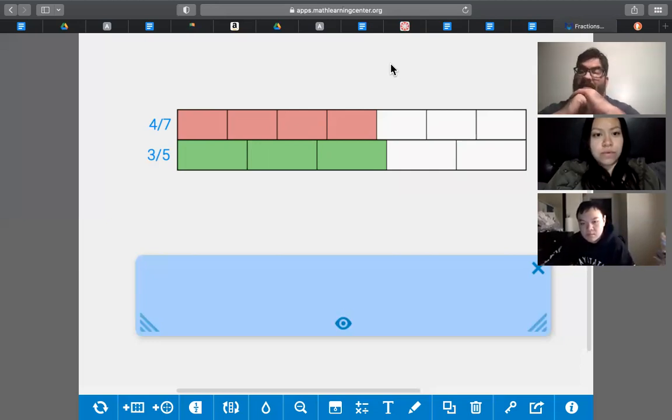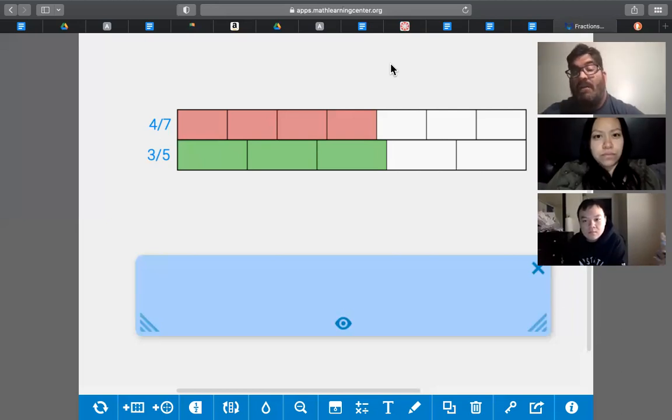Denominator. Excellent. So if we want the parts of the whole to be equal, what do we want to be equal then? The denominator. Absolutely.